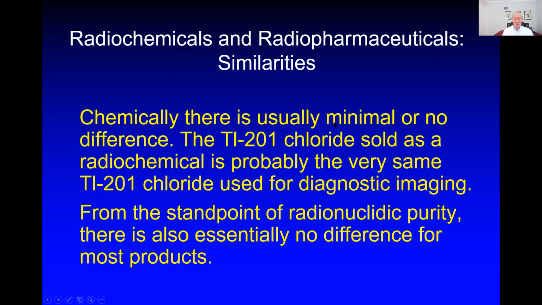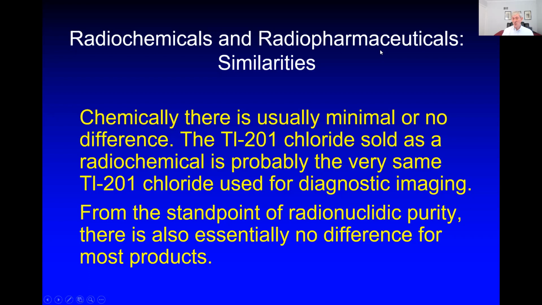Anyone? So, yes, Scott? Okay, so the answer is absolutely not. A radiochemical is something that you might do research with and inject it into rabbits to see where it goes and so on. But you're not allowed to inject a radiochemical.